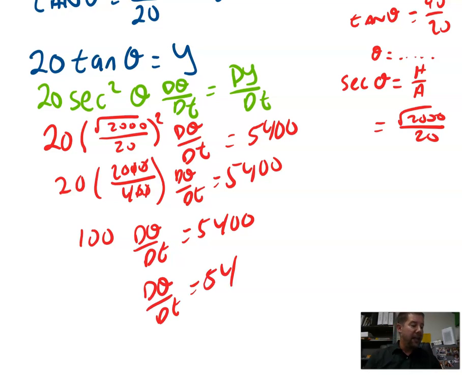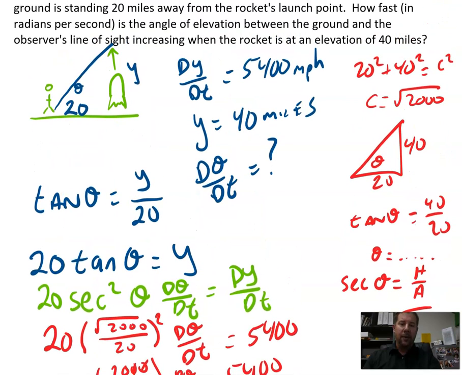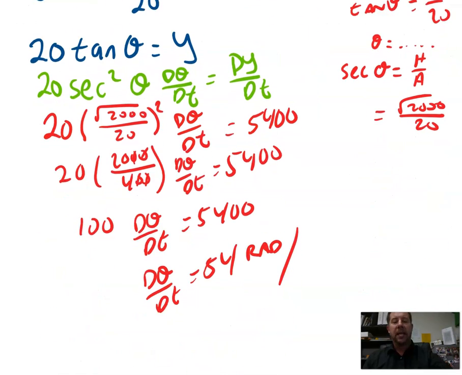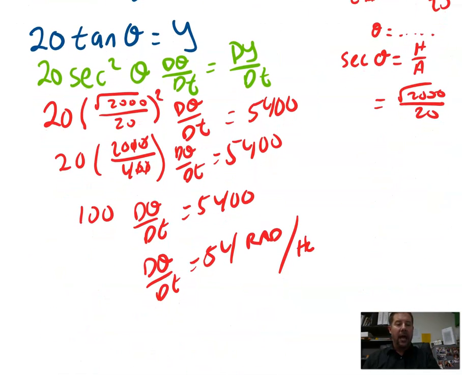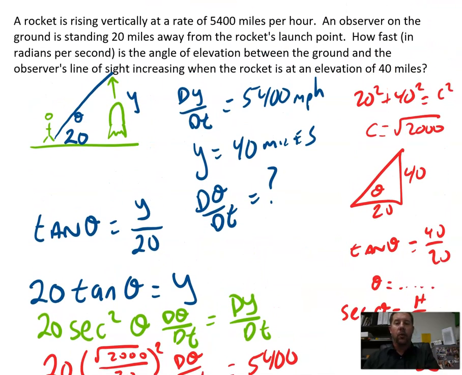Now again, I want to think about my units on this. Theta obviously is measured in radians, right? And then my time, going back up, what time were we talking about? Well, the only time we've talked about is dy dt, which was in miles per hour. So this must be in radians per hour. I've got to be careful, though, because they wanted the answer to be in radians per second.